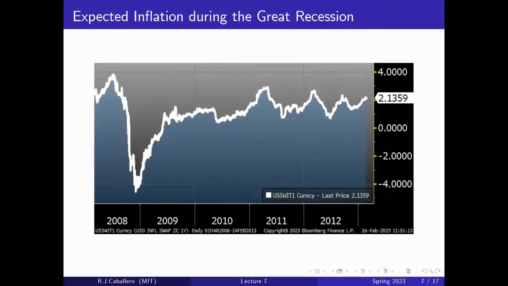There is the expected inflation as extracted from inflation break-evens, from these swaps. Typically it's around 2% because that's more or less the Fed inflation target in the US. But during this episode here, we enter a very deflationary episode. Expected inflation close to minus 4%. That was very deflationary, and that's very scary. Deflations can be very complicated objects to deal with. We'll say more about that later. But that's what happened there.